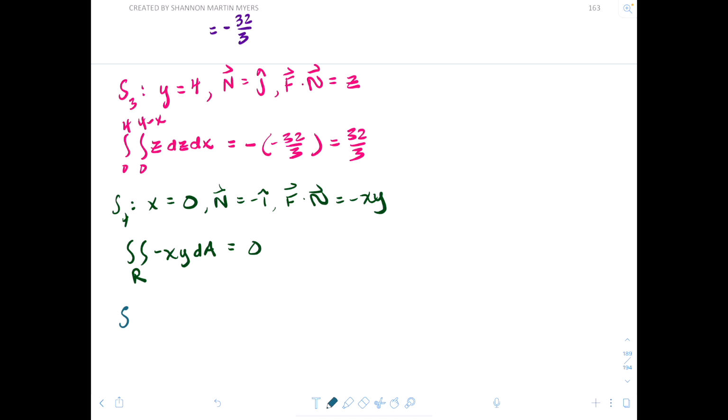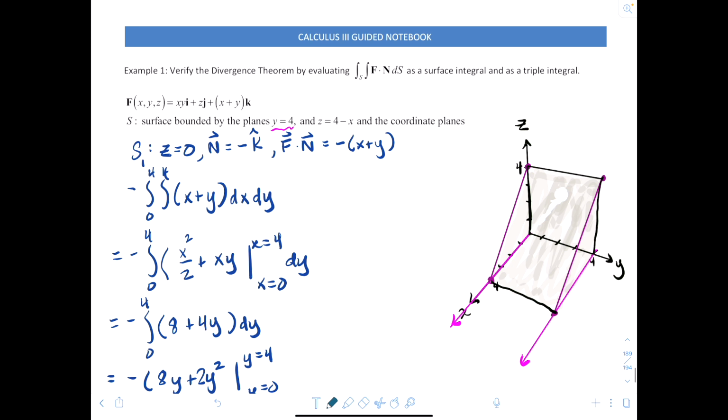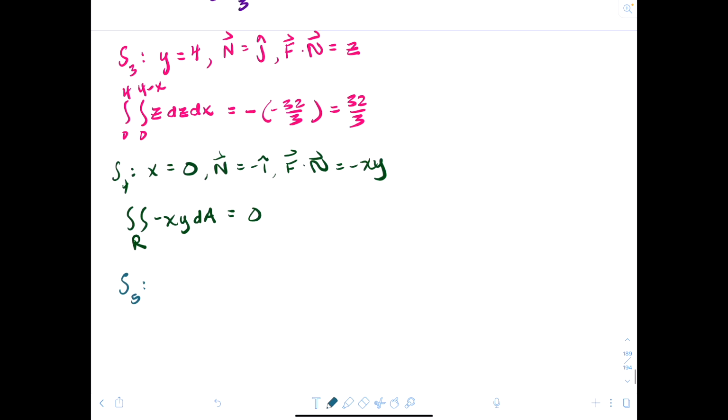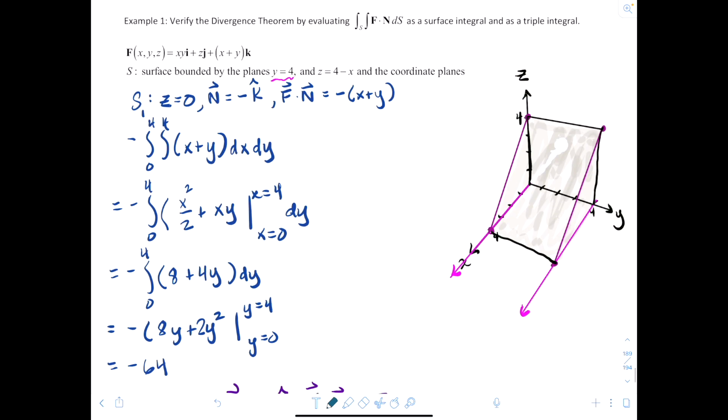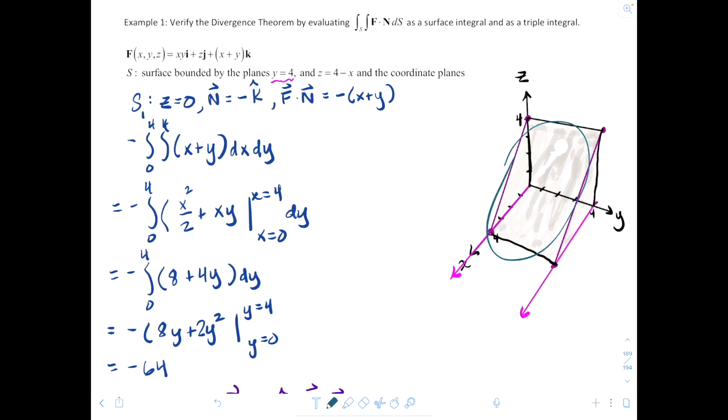So now surface 5, what color shall we use this time? Surface 5, we're going to take care of the xz. So we have z is 4 minus x, which means x plus z is 4. So now the region we're going to be working with is going to be like this one right here, that xz. Groovy?